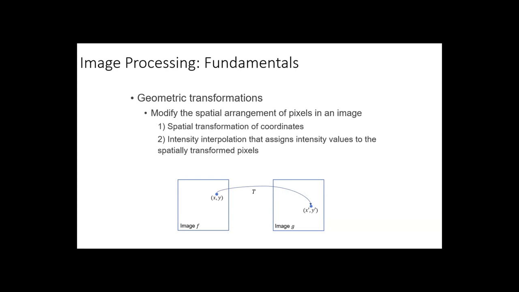Let's say x is 20 or y is 30, an integer number, right? But if we do some geometric transformation, we get x prime and y prime. What if x prime is, let's say, 25.5 and y prime is 31.25? They are not exactly on the grid point, right?